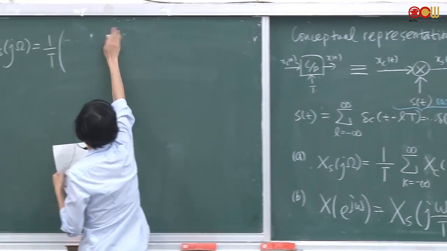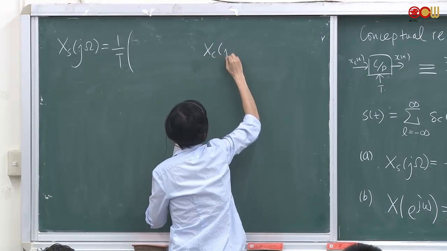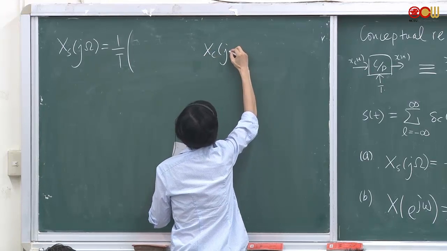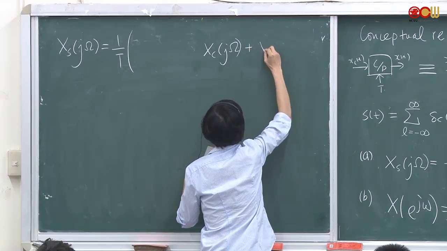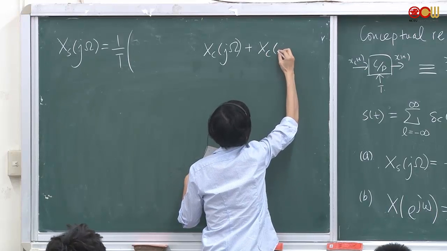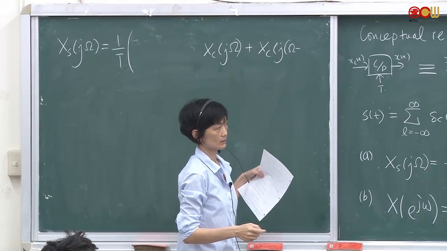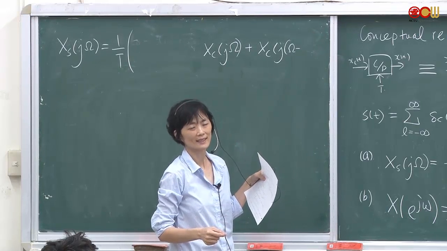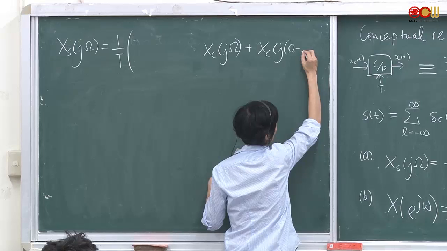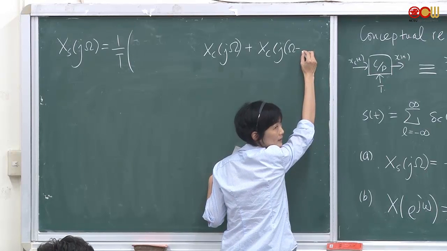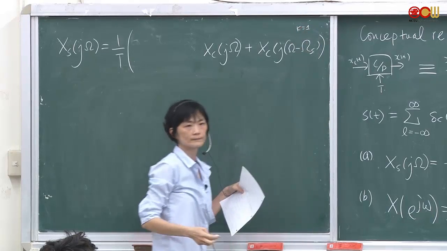So let's first write down the term that k is equal to 0: X_c(jω). That's easy. And the term that k is equal to 1: we get X_c(j(ω − 2π/T)), that's ω − ω_s.